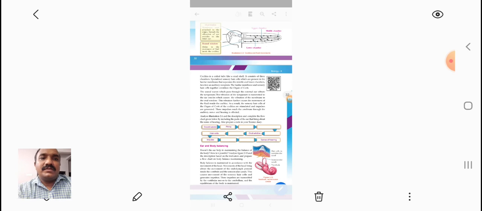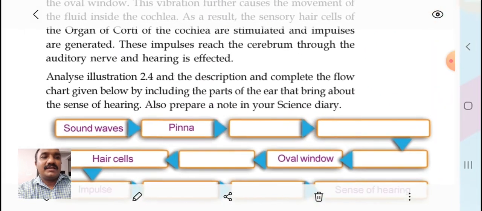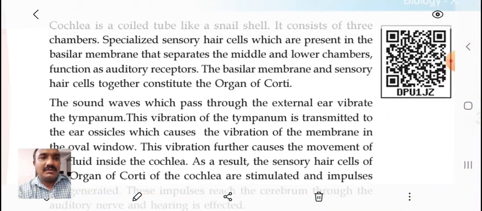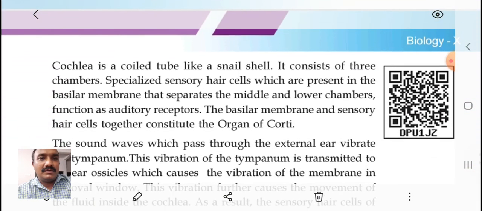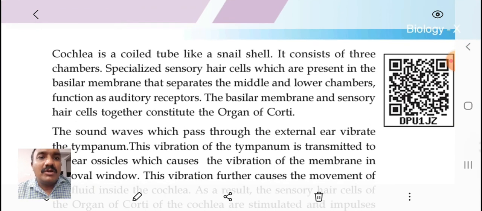The next, sense of hearing. Look, cochlea is a coiled tube like a snail shell. That I told you already. It consists of 3 chambers. That also we have seen in the last picture. Then specialized sensory hair cells are present in the basilar membrane that separates the middle and lower chambers.